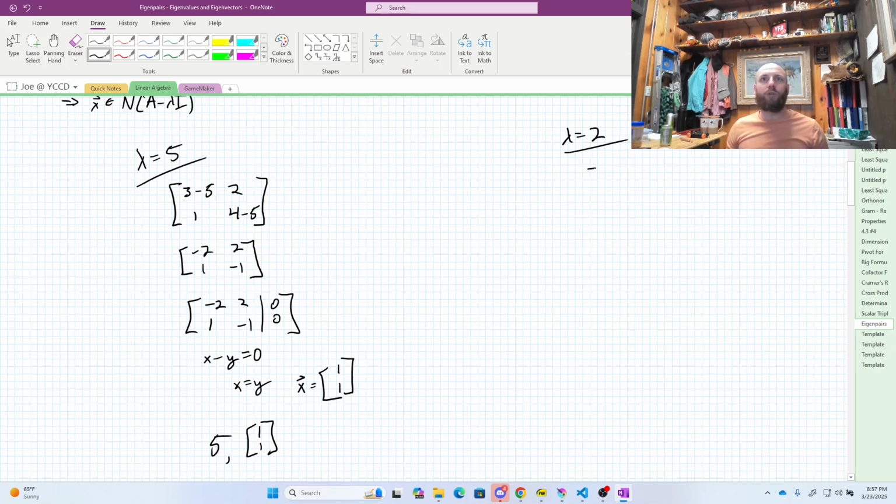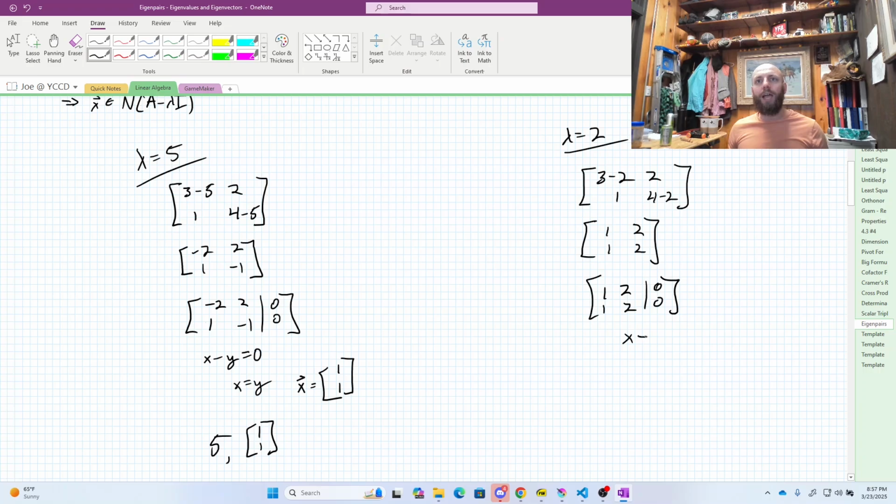In the lambda equals 2 case, I'm going to get 3 minus 2, 2, 1, and 4 minus 2. That's going to give me [1, 2; 1, 2]. Again, this is obviously singular. Great. I'm going to augment this by 0, so I'm going to do 1, 2, 1, 2 augmented by zeros. This is going to tell me x plus 2y equals 0.